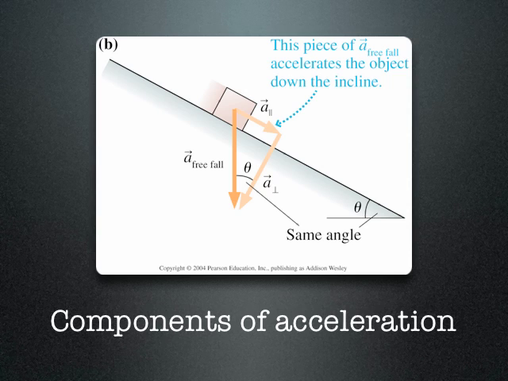That would be a useful component to know, the acceleration parallel by gravity along or parallel to the incline. A parallel here would be equal to A of free fall times sine theta.